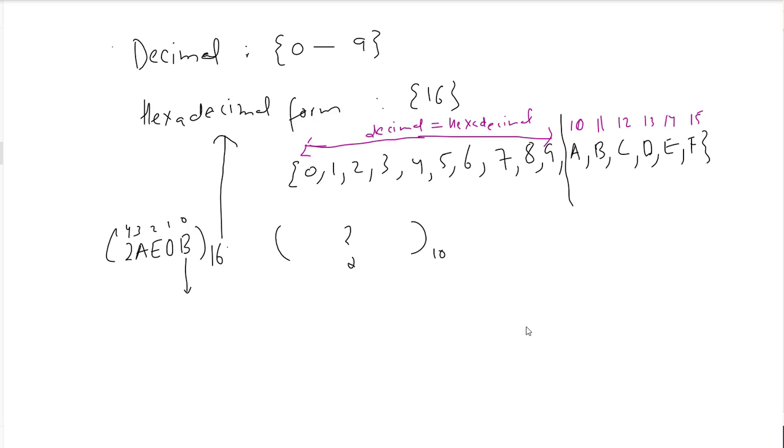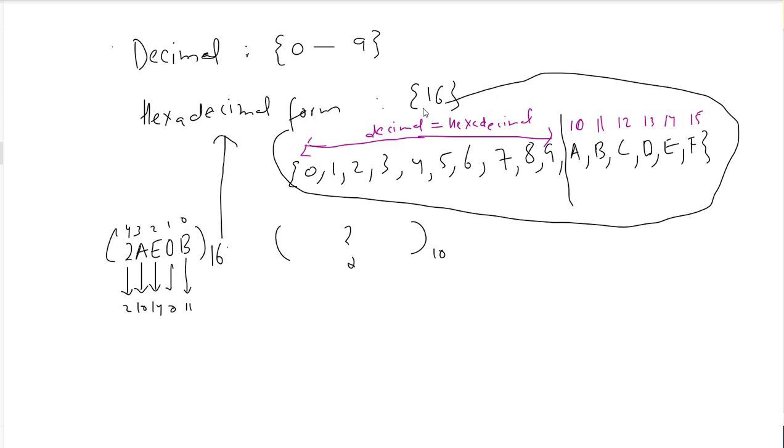Now the representation would be like this, since B stands for 11, 0 is as it is, E over here is 14, A over here is 10, and 2 is as it is.